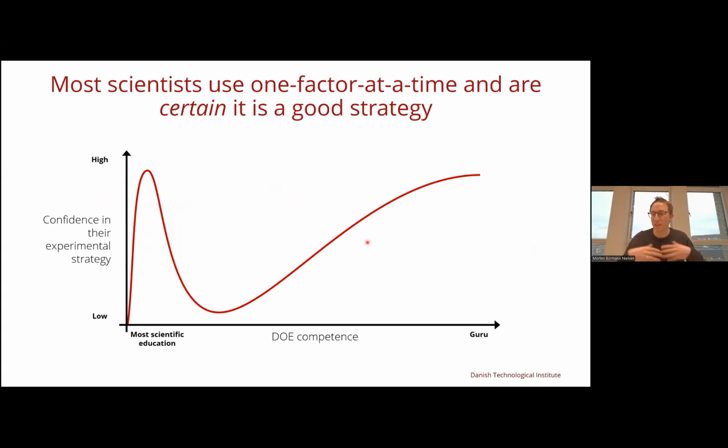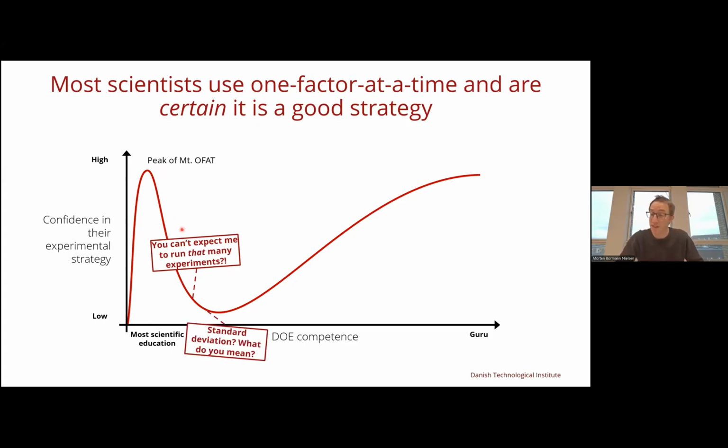So when we, in my institution, go out into companies and try to teach them to do something different, we have to kick them off this mount one factor at a time and teach them something slightly more about designing experiments. But then if we try to teach them classical DOE, they get really scared by how many experiments you have to run. They might not really know how good their data is and how their measurement systems work.